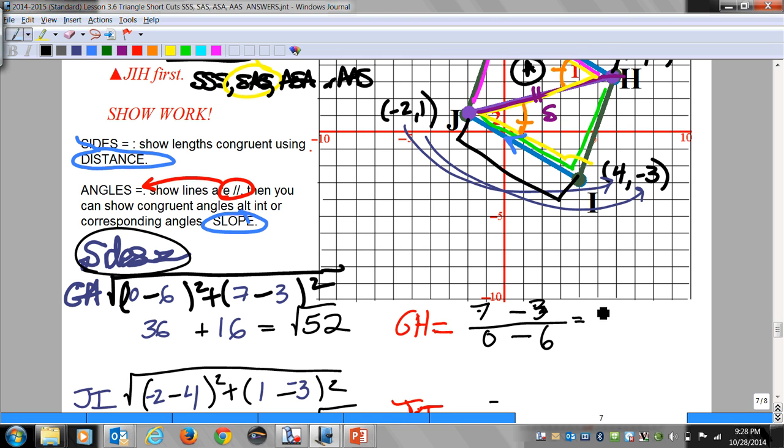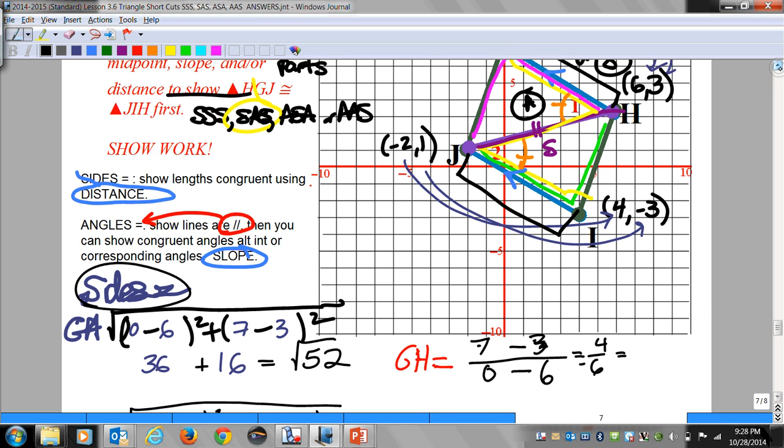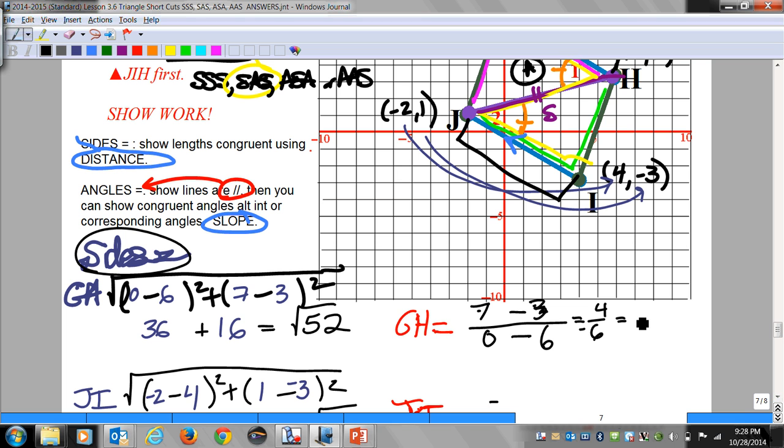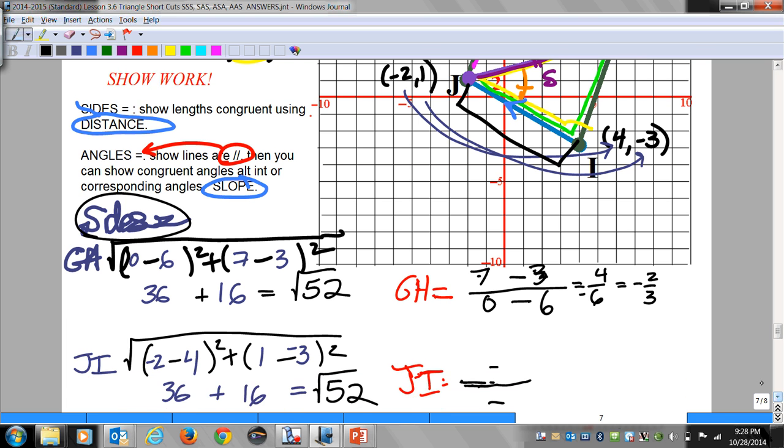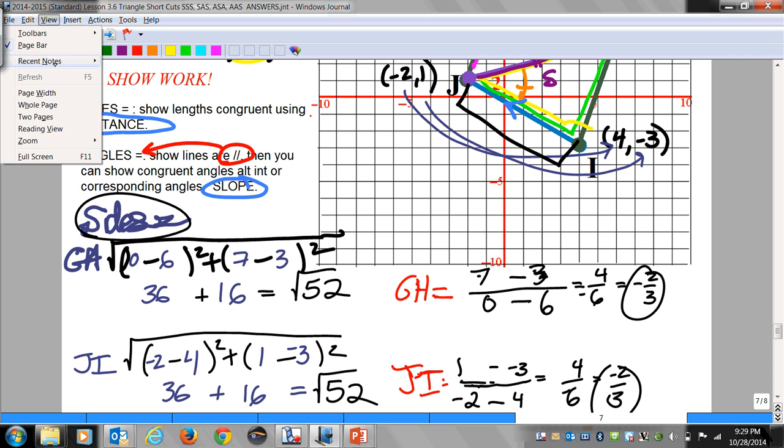And that is 4 over negative 6, so that's negative 2/3. Then JI is 1 minus negative 3 over negative 2 minus 4. This ends up being 4 over negative 6, which is negative 2/3. Behold, if I have equal slopes, I know those lines are parallel. If they're parallel, I know my angles are equal.